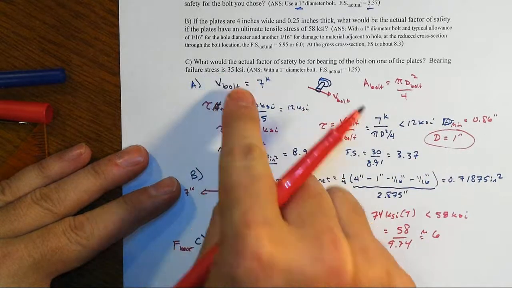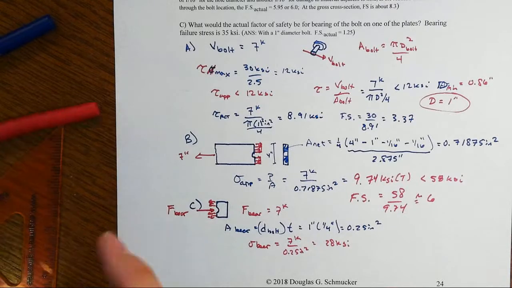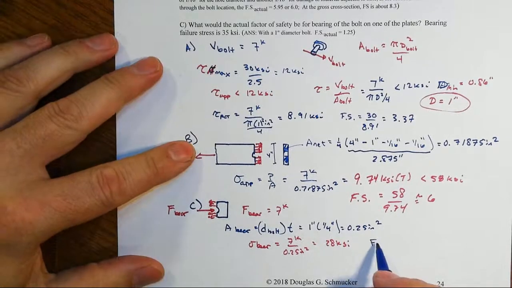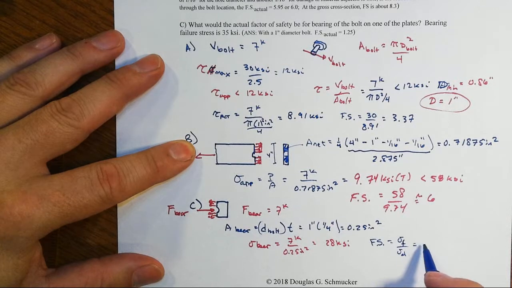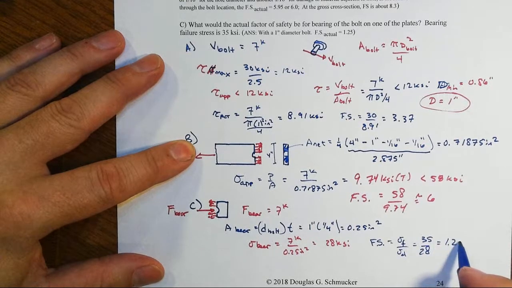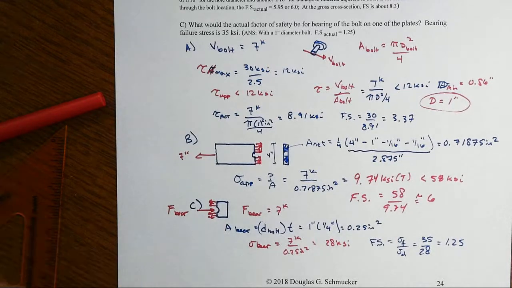Our failure stress for bearing was 35 ksi, and that's where we get our factor of safety equals strength, sigma failure in bearing over our demand. So that's 35 over our 28, and that's where you get 1.25 for your factor of safety for bearing.